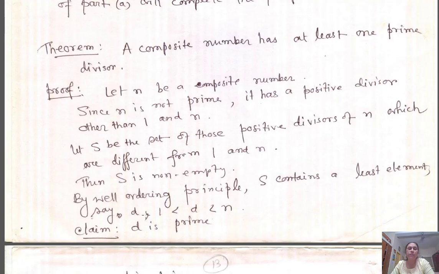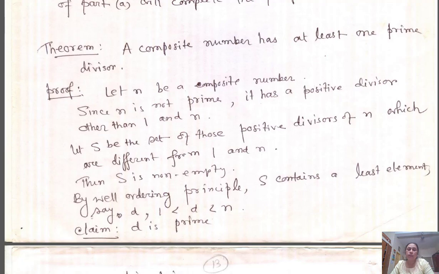We call the least element d. So S is the collection of all positive divisors of n different from 1 and n, and d is the least element of that. So d is the least positive divisor of n different from 1 and n, so d lies between 1 and n.